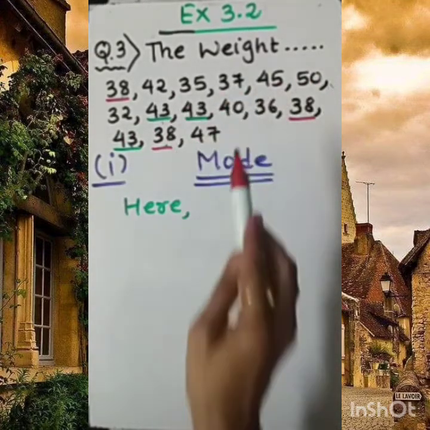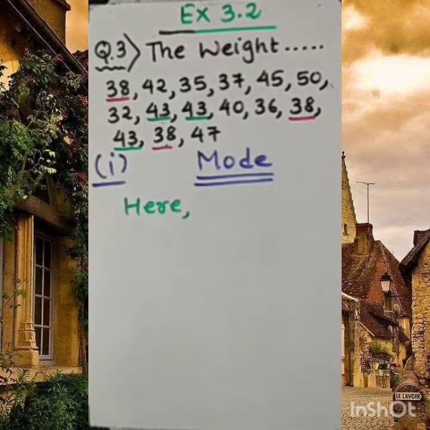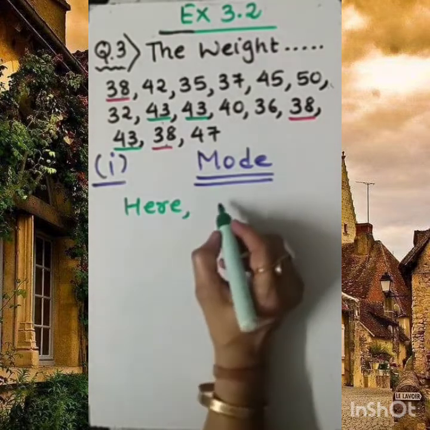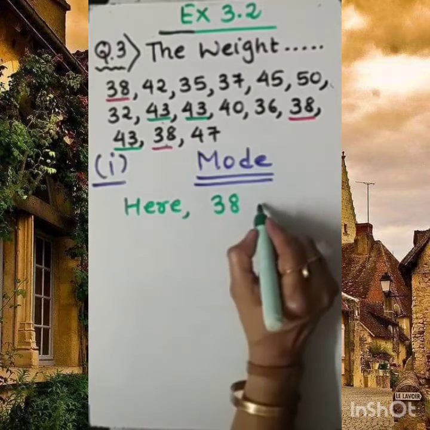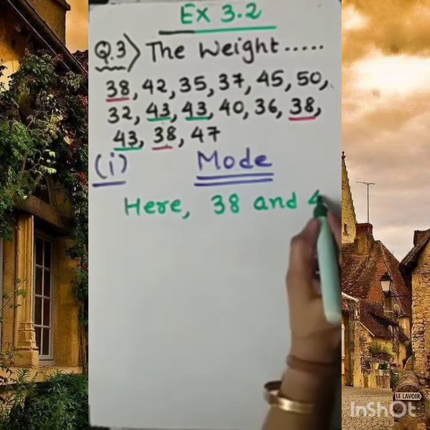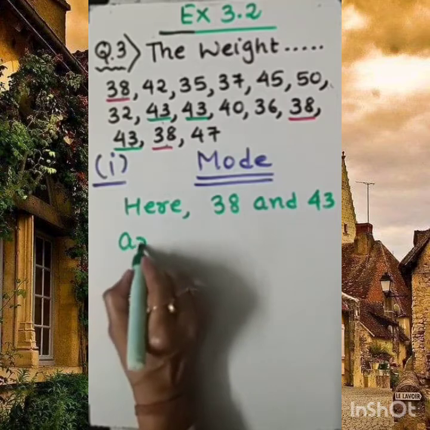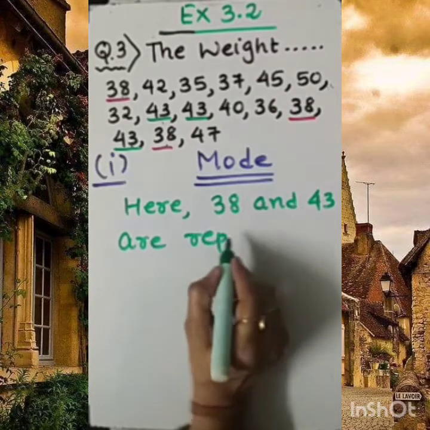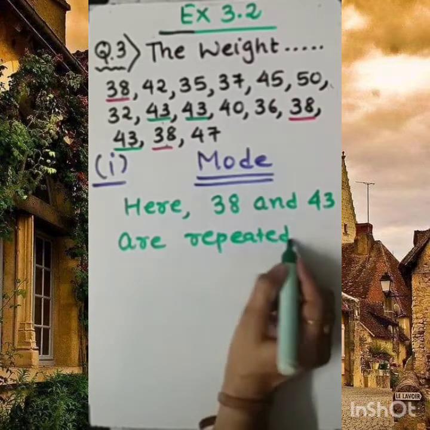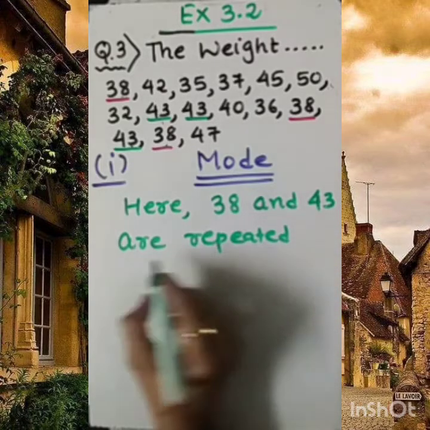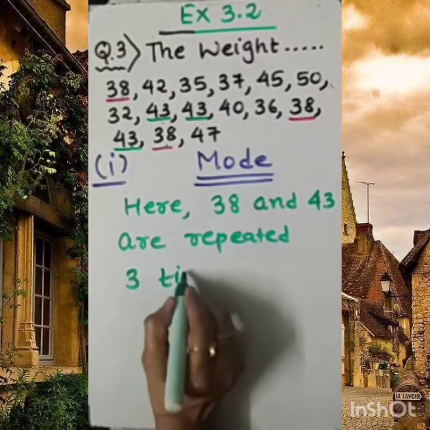Okay. So we need to write here in a statement: 38 and 43 are repeated 3 times, or thrice. You can use the word thrice also.